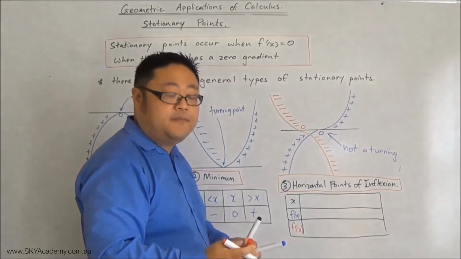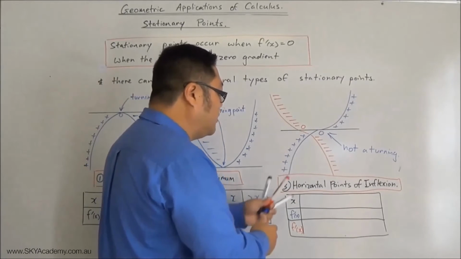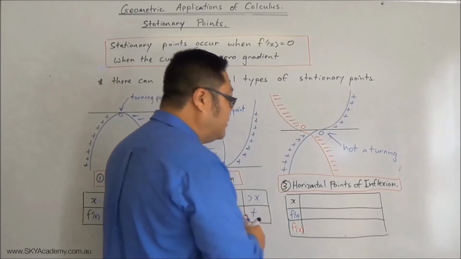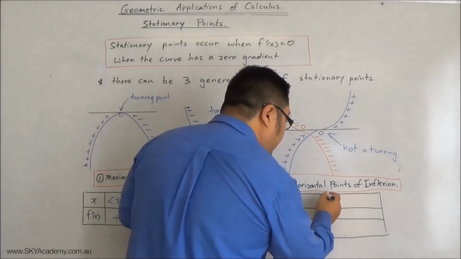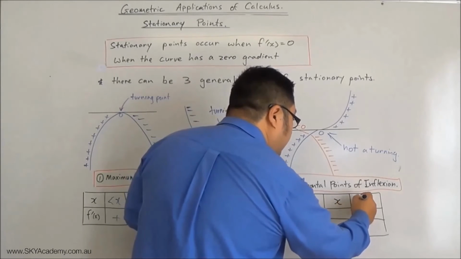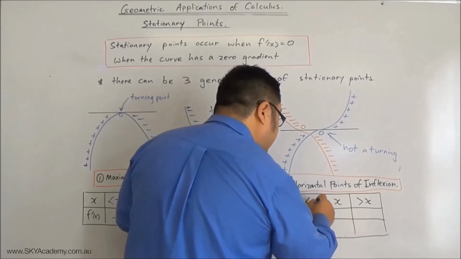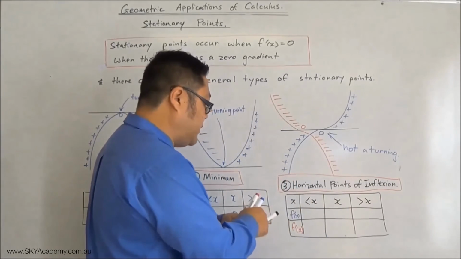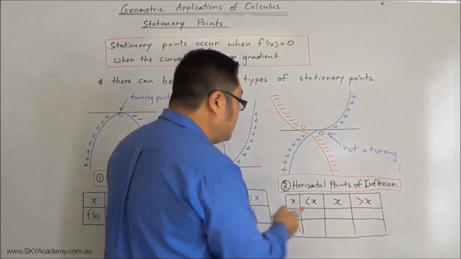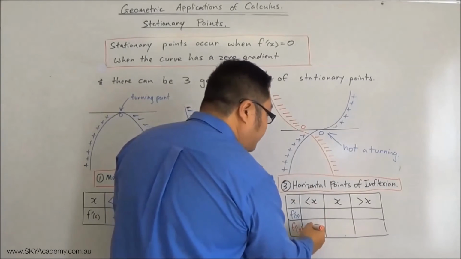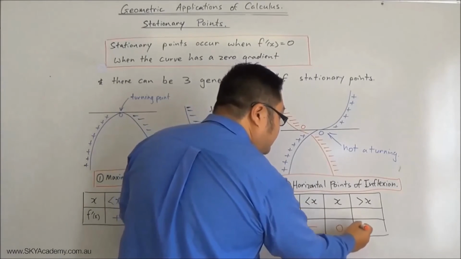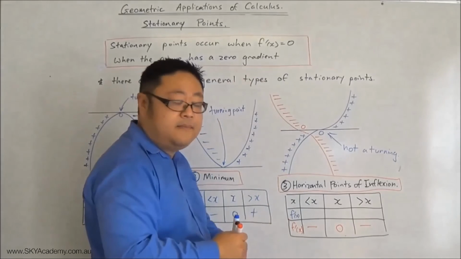Does that make sense? So what would that look like algebraically? At x, and at values greater than x and less than x, what's going on? In the red case, you're going from negative to zero and then negative again.